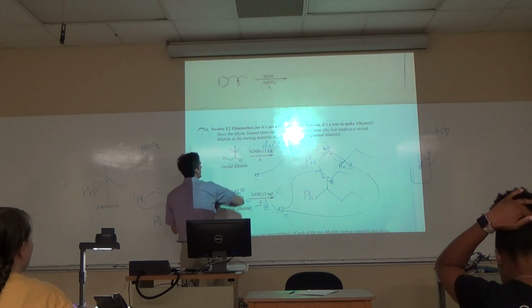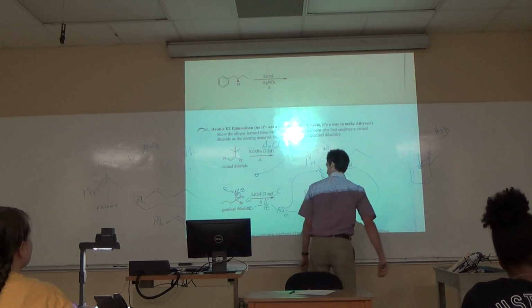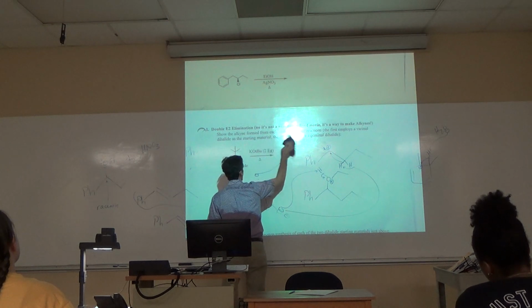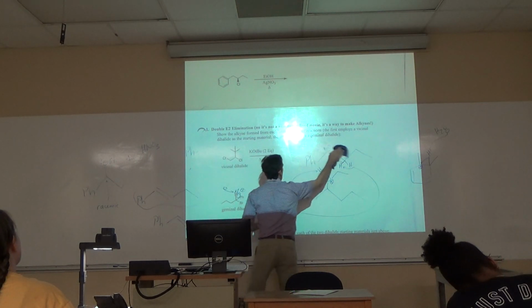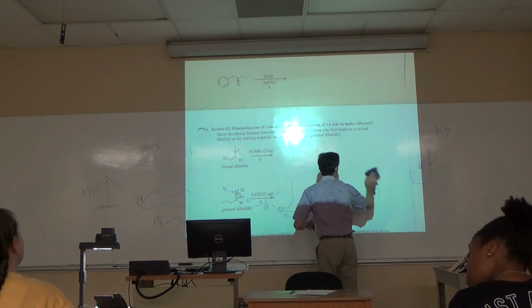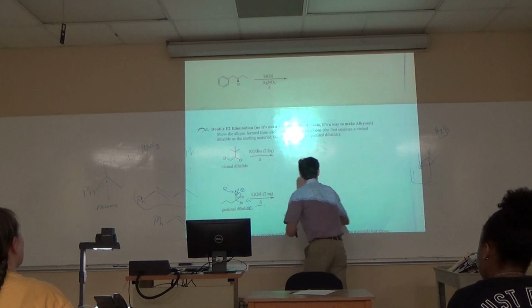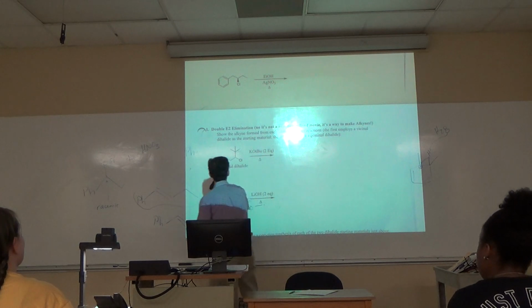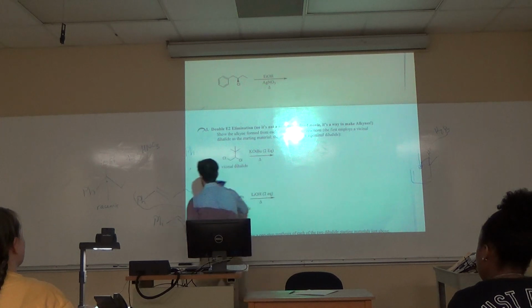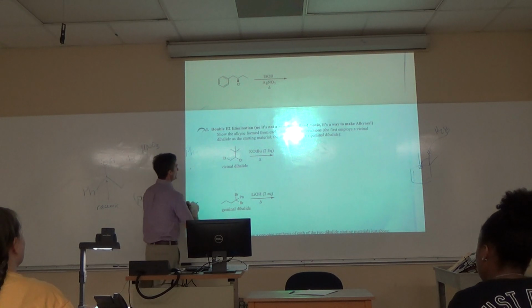You take this vicinal dihalide here, vicinal dichloride, treat it with two equivalents of potassium butoxide. You can do a double elimination.